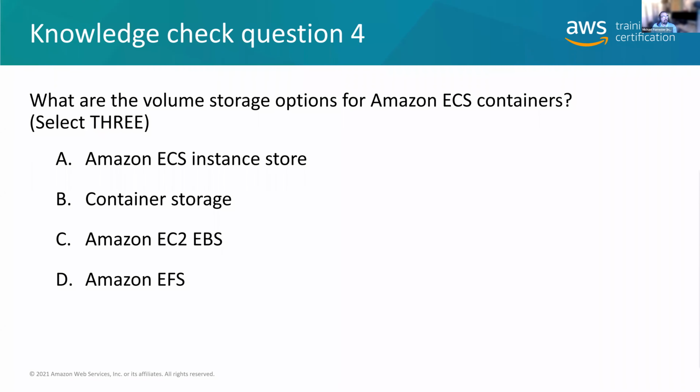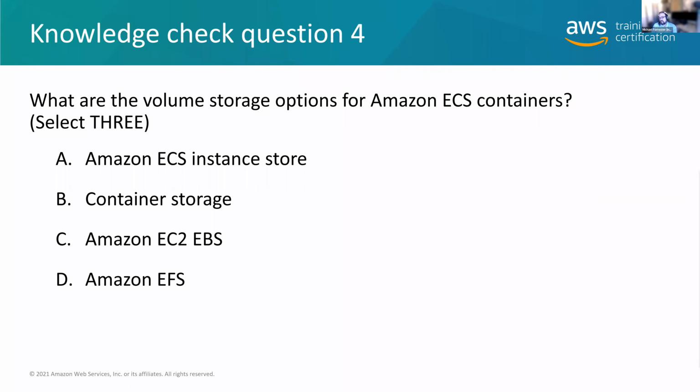What are the volume storage options for ECS containers? Remember, this is all going to be AWS specific. Yeah, good. So ECS instance store, because remember, that's attached to EC2. That's the instance storage that comes with an EC2 box.